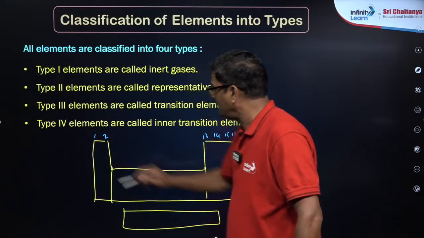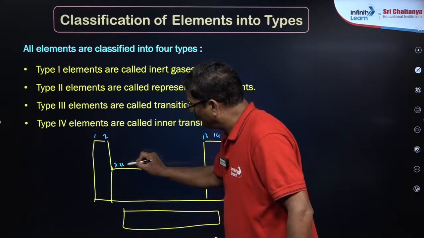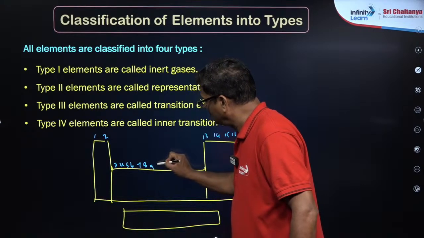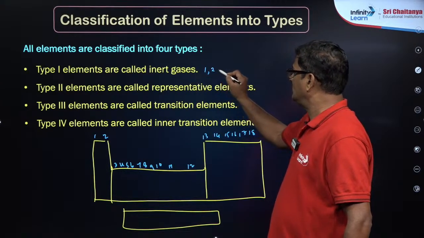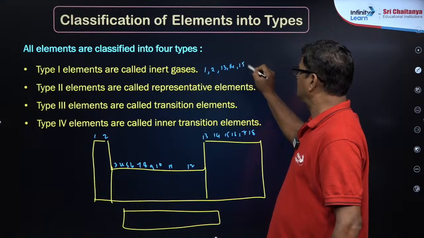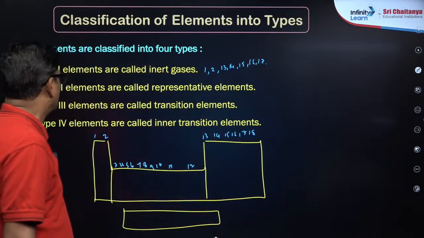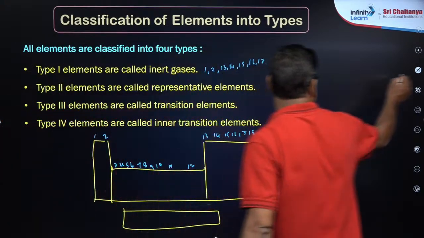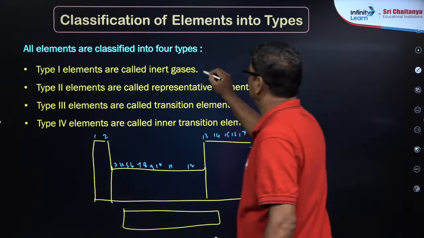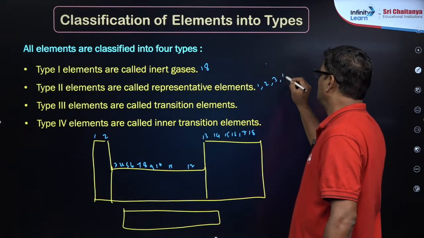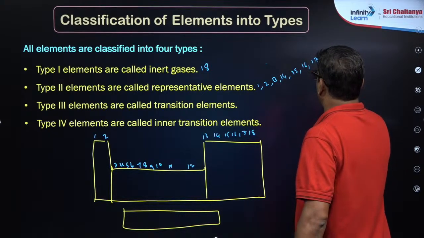Carefully observe how it is given. 3, 4, 5, 6, 7, 8, 9, 10, 11, 12. Okay, group 1 elements include 1, 2, 13, 14, 15, 16, 17, that's it. They are called inert gases. Inert gases include only 18.